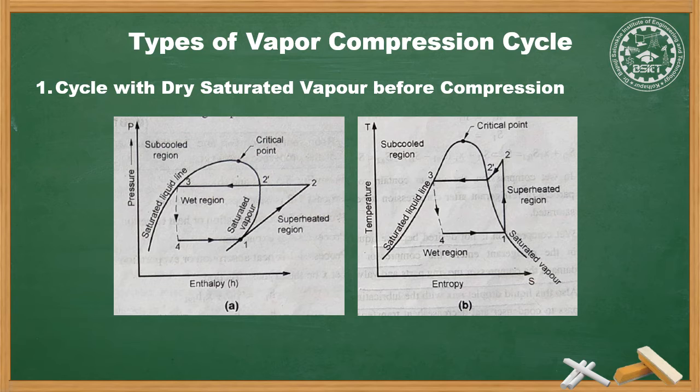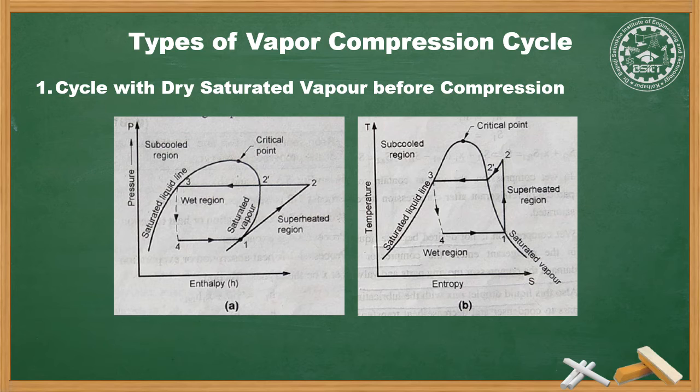The dry saturated vapor enters the compressor at point 1. The vapor is compressed isentropically from 1 to 2, which increases the pressure from evaporator pressure to condenser pressure. At point 2, the superheated vapor enters the condenser where heat is rejected at constant pressure.